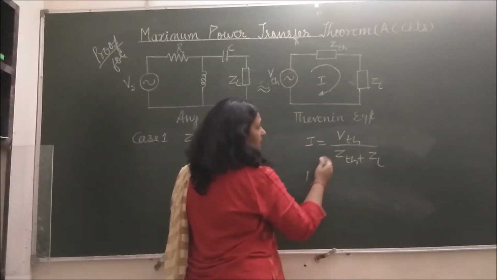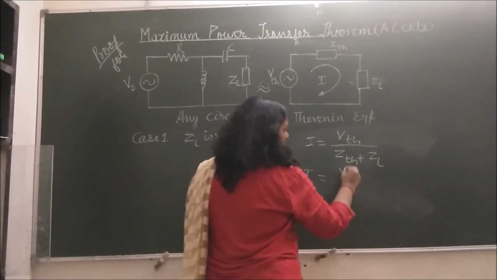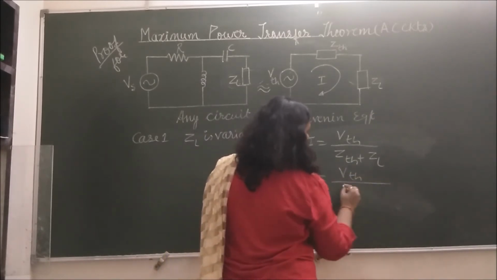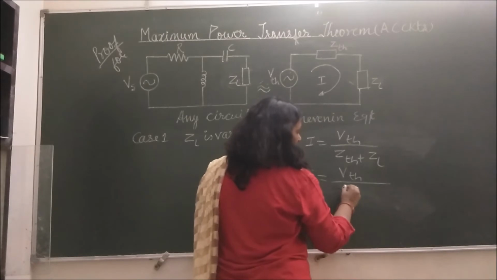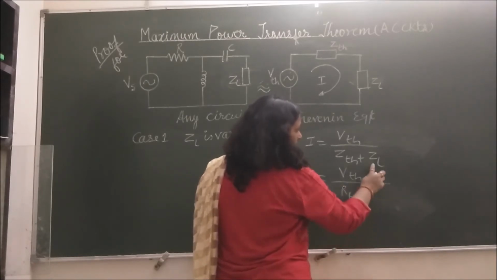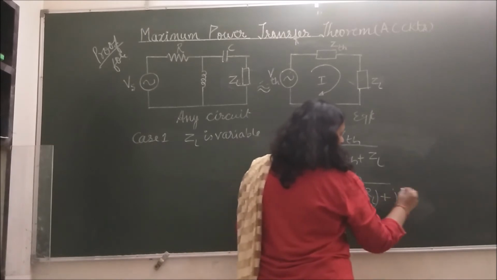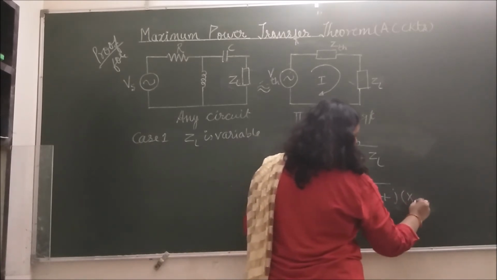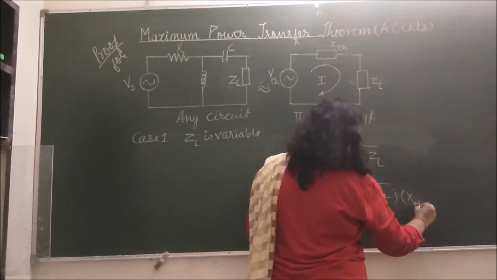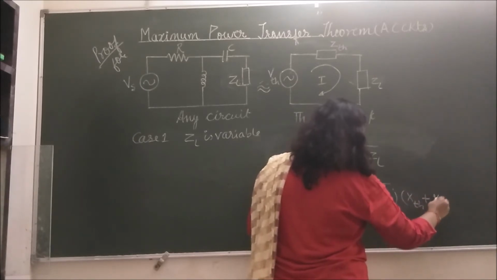Now we will write it as VTH divided by RTH plus RL plus j times XTH plus XL, in terms of real and imaginary parts.